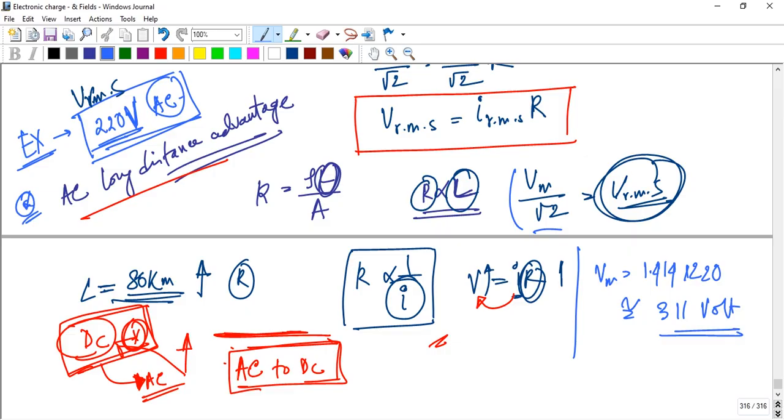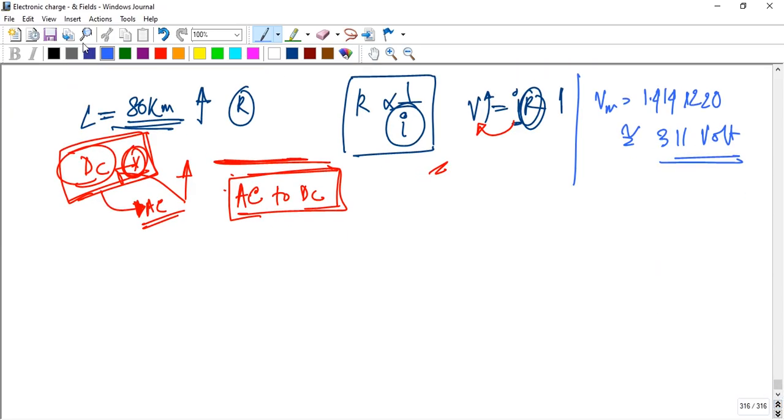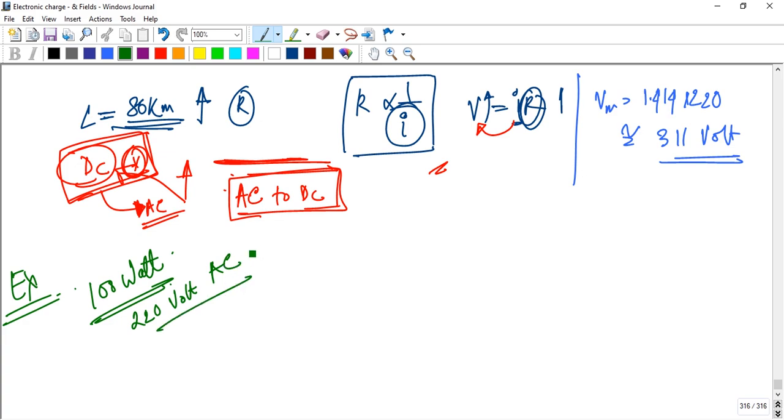Now I have taken another example for better understanding. Suppose we are given a 100 watt power and a 220 volt AC supply. Power is given, voltage is also given. Calculate the resistance first.